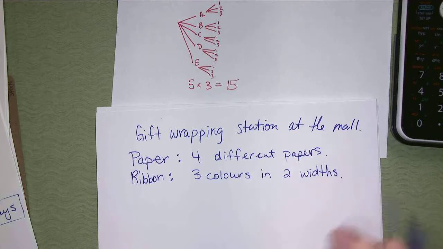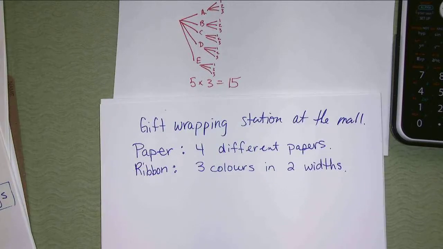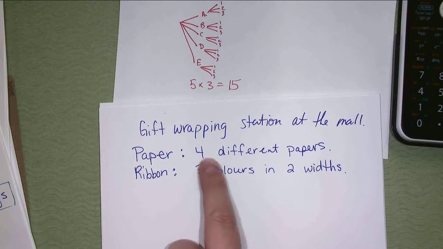So how many different ribbons are there? 6. There's like a wide red and a narrow red, a wide blue and a narrow blue, or whatever, green and white, whatever the colors are. Probably red, green, and white for Christmas. Maybe gold or something. But that's 6. So now how many choices do we have? 4 times 6. 24 possibilities now.